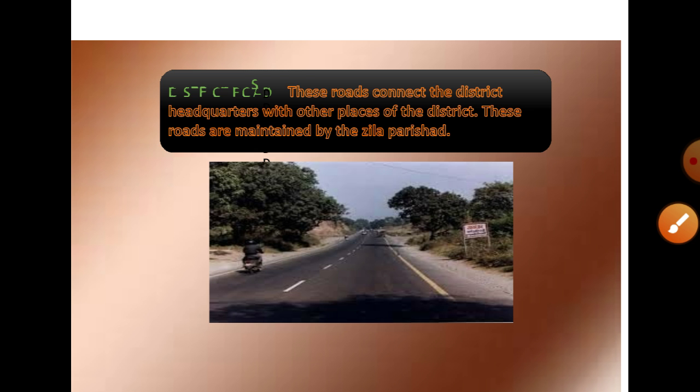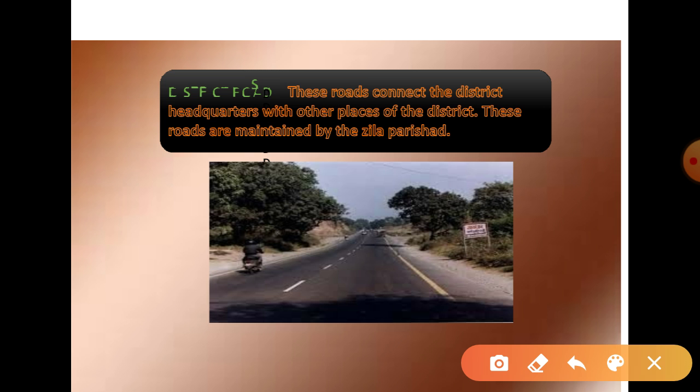Next, district roads. The main objective of district roads is to connect the district headquarters with other places of the district. Suppose we talk about Alwar: the district headquarters Alwar has 14 blocks, one city and 13 other blocks. So the main objective of the district roads is to connect the district headquarters with other areas of the district.